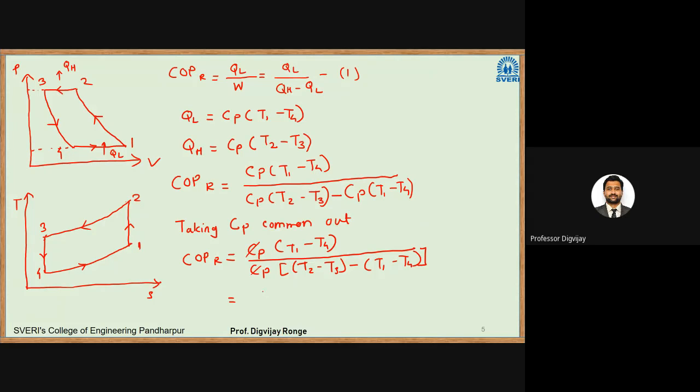So what I will get finally is COP of this refrigerator equal to (T1 minus T4) divided by (T2 minus T3) minus (T1 minus T4). This we can take as equation 2. So write it down. This is just the start of the derivation. We have a long way to go.